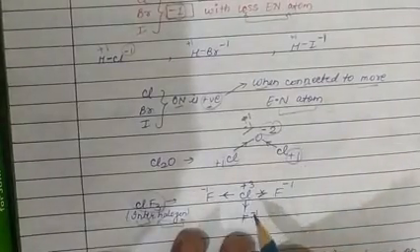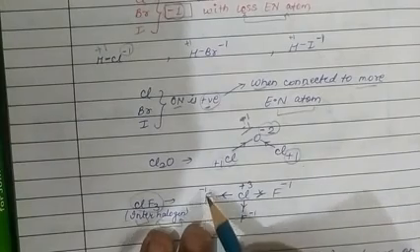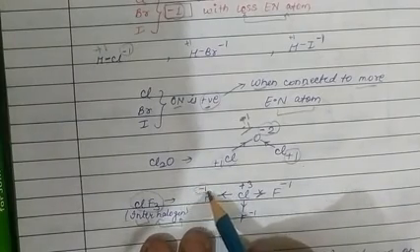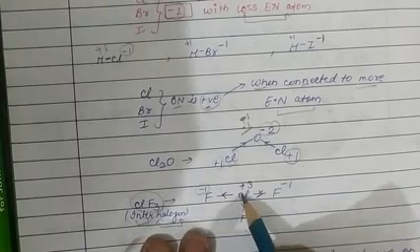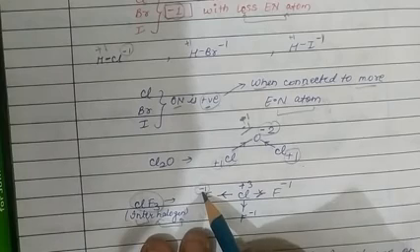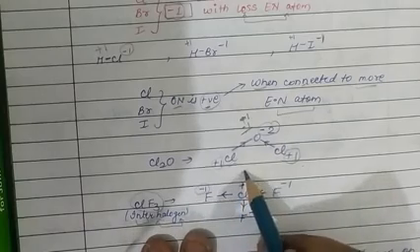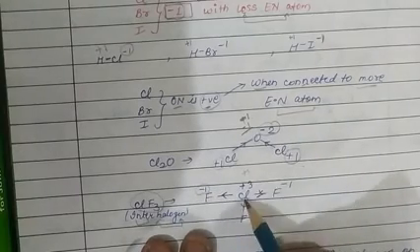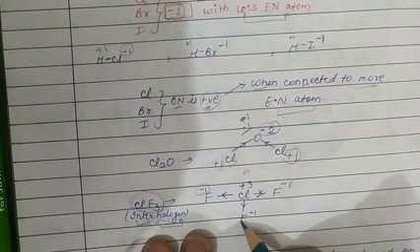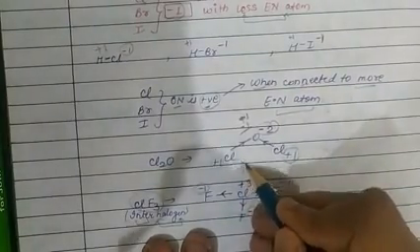In the case of ClF3, the electronegativity of fluorine is more, therefore the oxidation number of fluorine is -1. So due to this bond, fluorine gets -1, chlorine will get +1. See the next bond. In the chlorine and fluorine pair, fluorine is more electronegative, so fluorine will get -1, again chlorine will get +1.